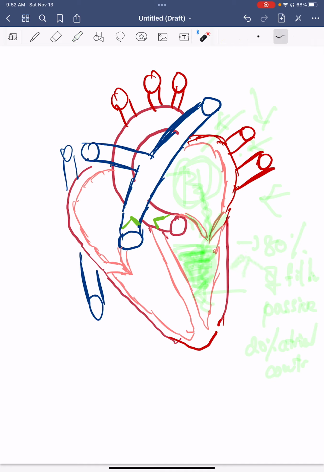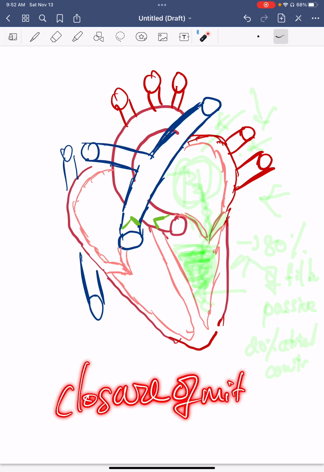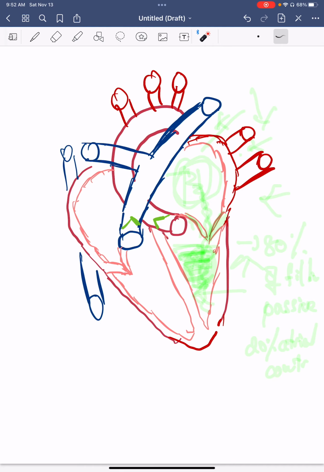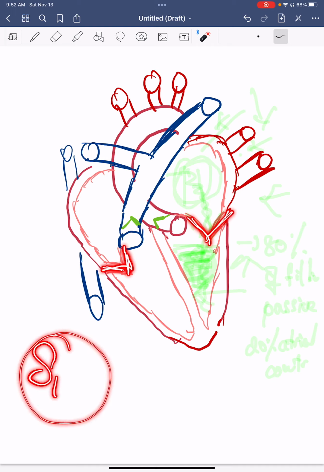This closure of the mitral valve produces a sound called S1. The same happens on the right, so the closure of both the mitral valve and the tricuspid valve produces sound S1.